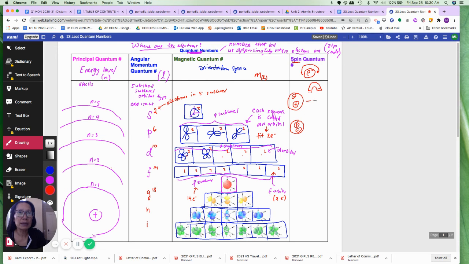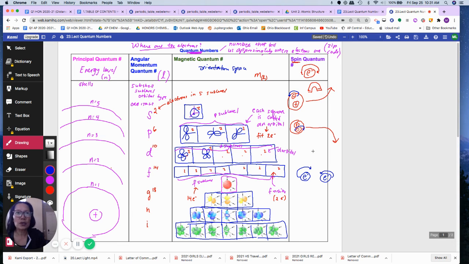But no, some of them went that way, and half of them went the other way. And the reason that happens is because this electron right here is spinning one direction, while this electron is spinning the other direction. The electron is spinning one direction, and the electron can also spin the other direction.